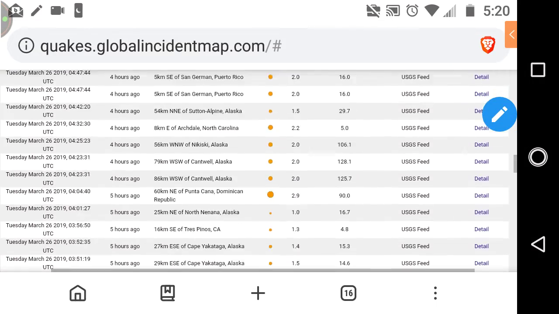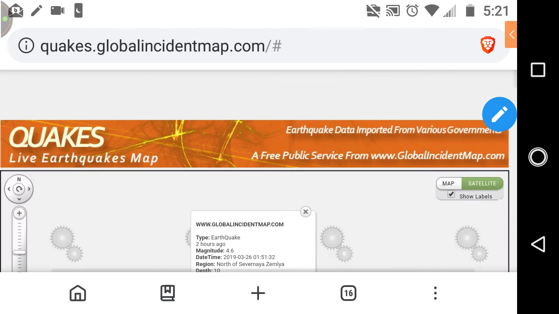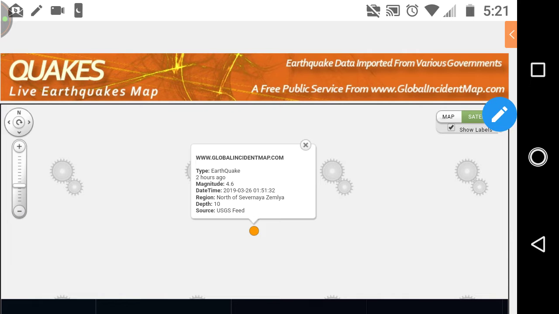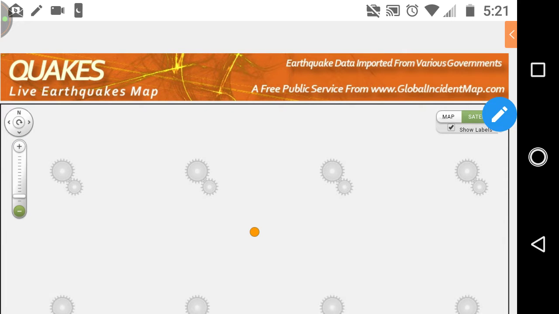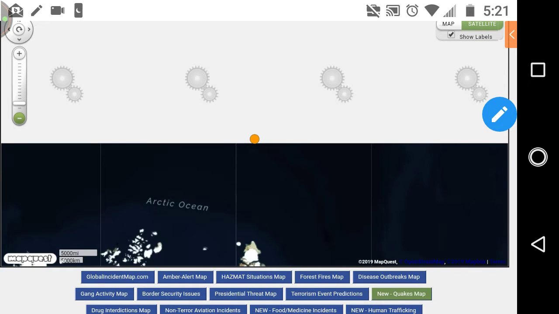We're seeing an overall drought here. Here's one north of Severnaya Zemlya? What is that? Never heard of that. Oh, very far north.